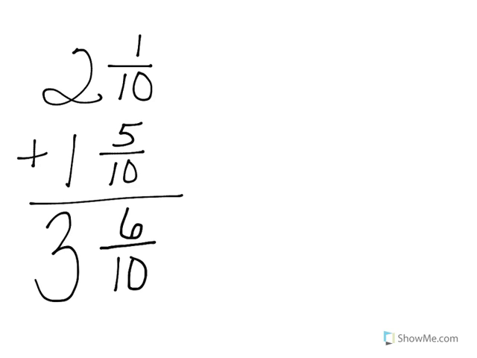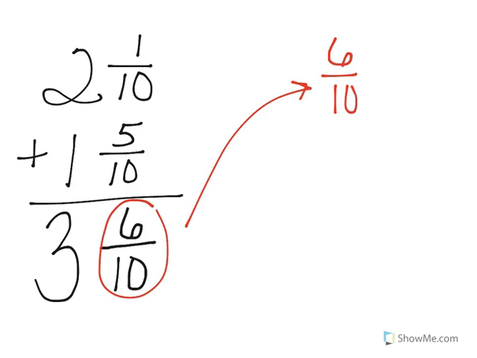When I look at 6/10, I know that it can be reduced because it's not in lowest terms. Remember, in our previous lessons, we've learned that we could reduce through prime factorization or through finding the greatest common factor. I could also think about what the largest number is that divides into both 6 and 10. The greatest common factor of 6 and 10 is 2.